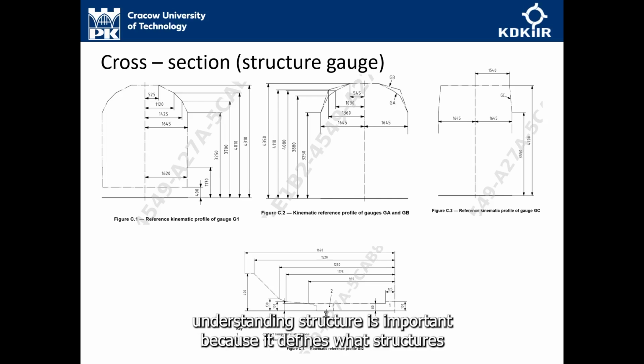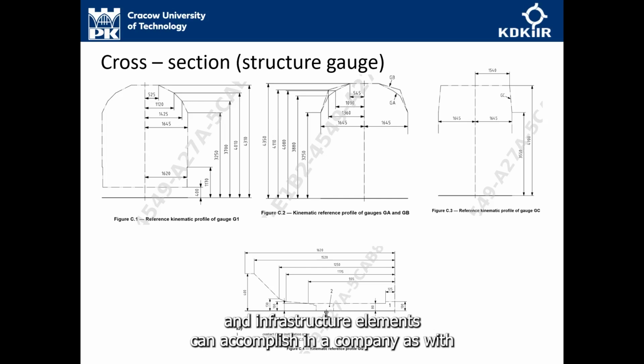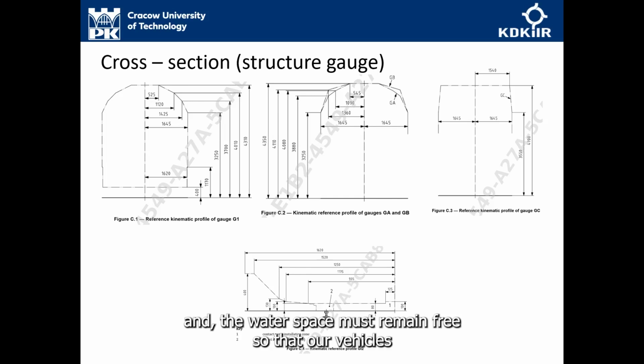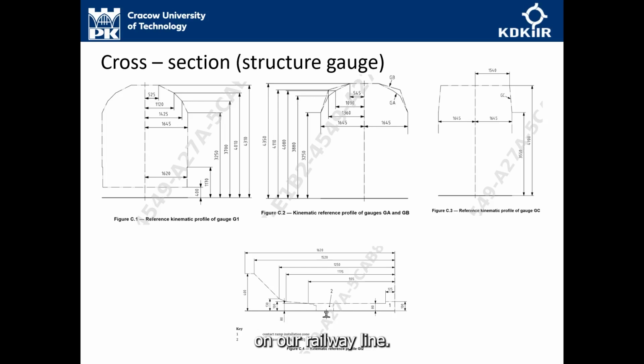Understanding structure gauge is important because it defines what structures and infrastructure elements can accompany us, and what space must remain free so that our vehicles with given geometric parameters can safely move on our railway line.